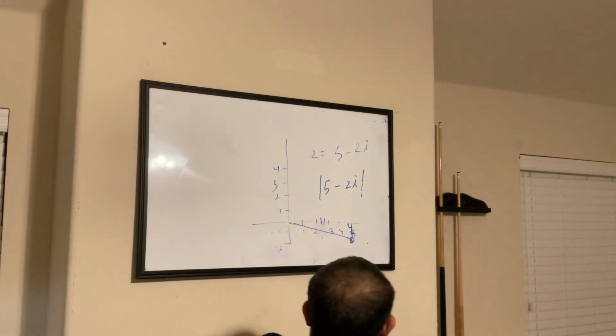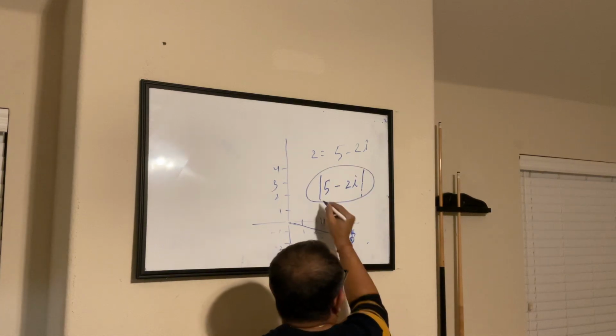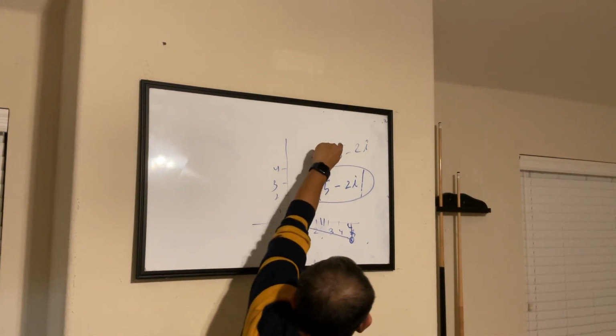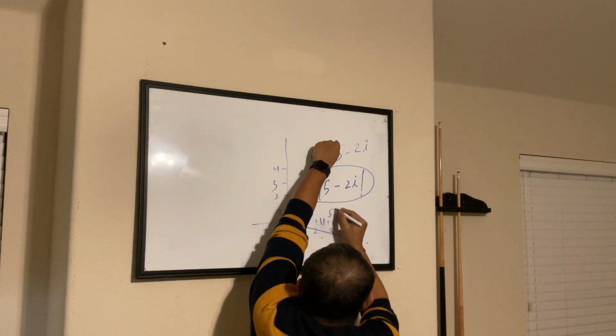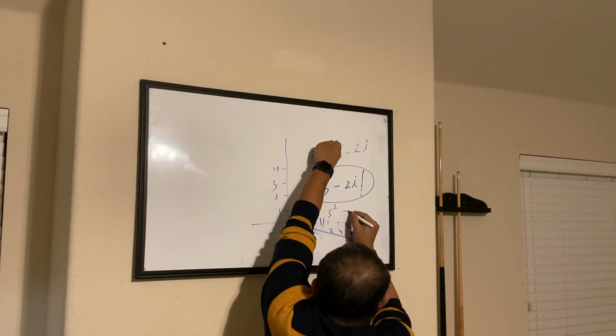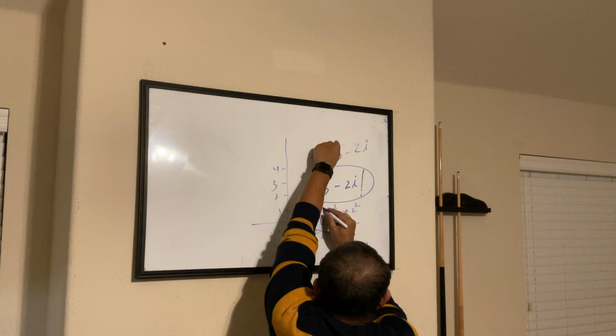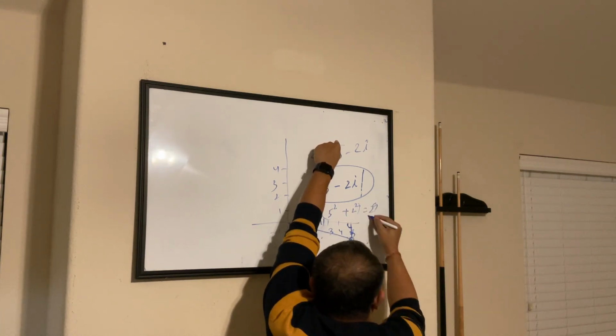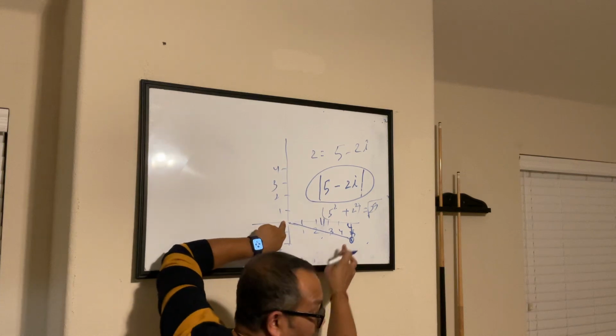So basically you will just find out the perfect length of this, meaning you will do 5 square plus 2 square, which is 29, the square root of that. That is your absolute length.